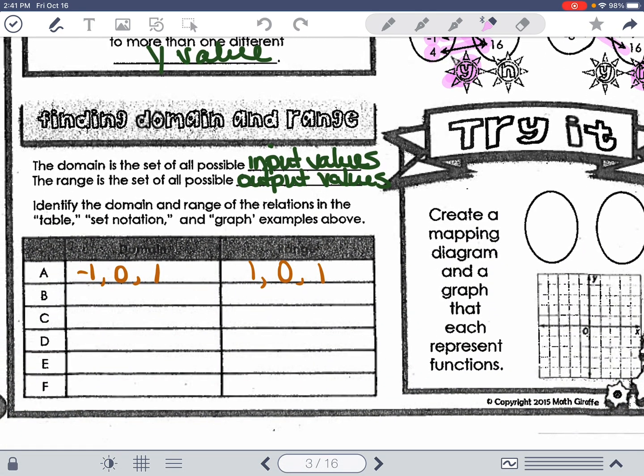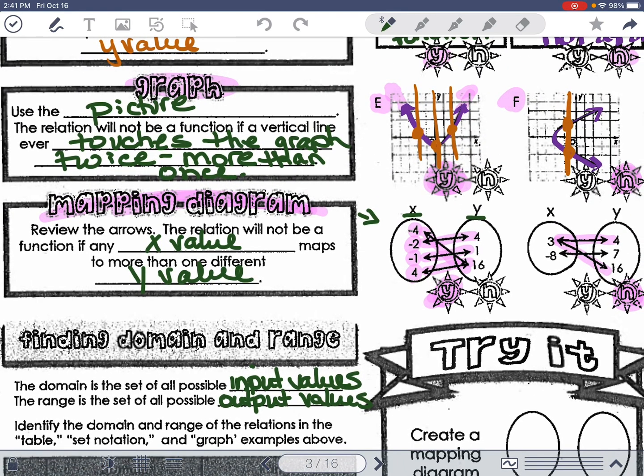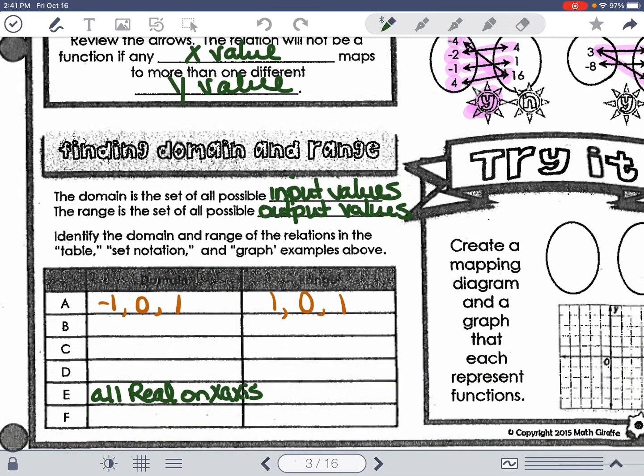So letter E would be all real numbers on the x-axis. And the range for letter E would be the y values, which starts right here. It looks like -1 and goes up. So it'd be all the y values greater than or equal to -1. There's a notation that I will teach you as well how to write this.